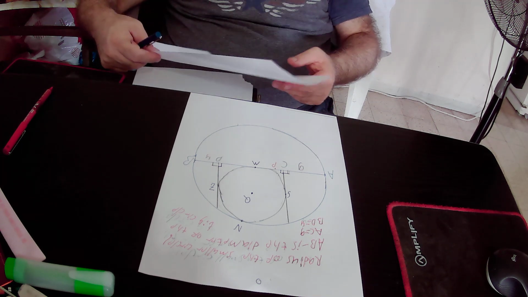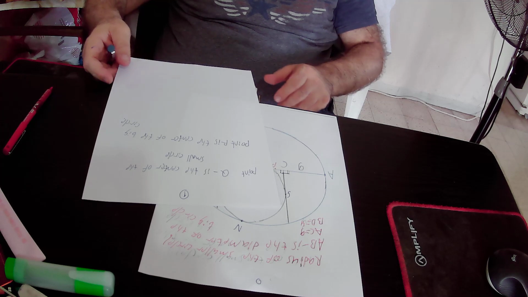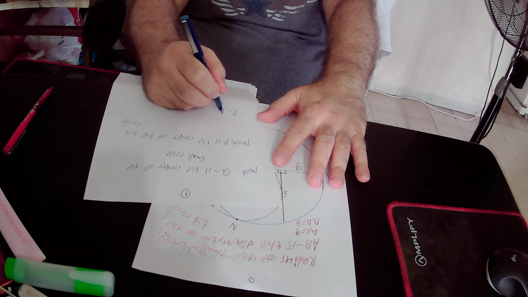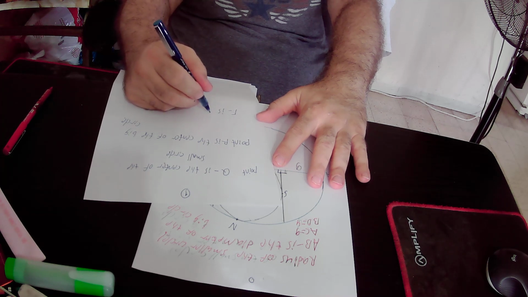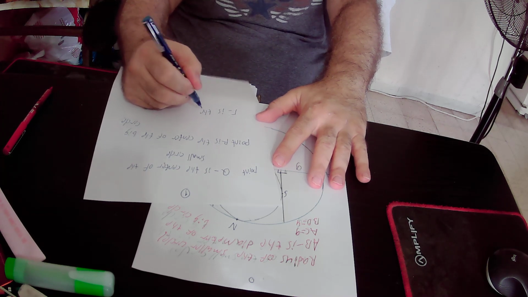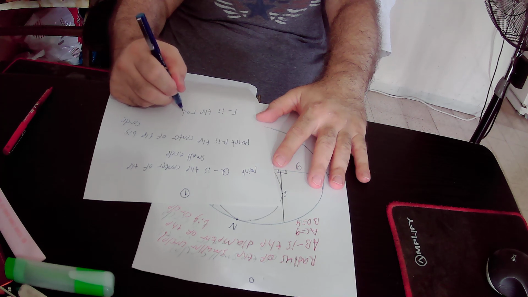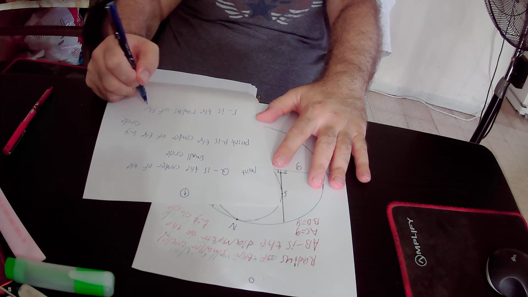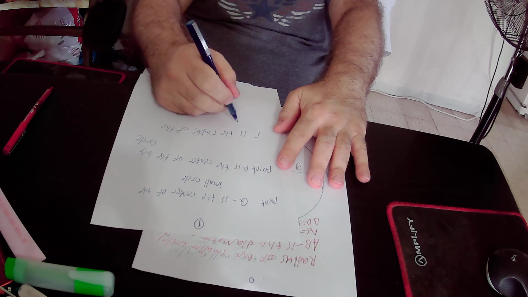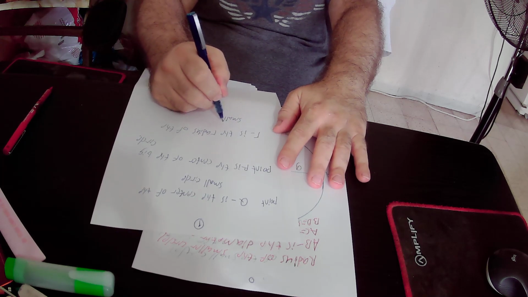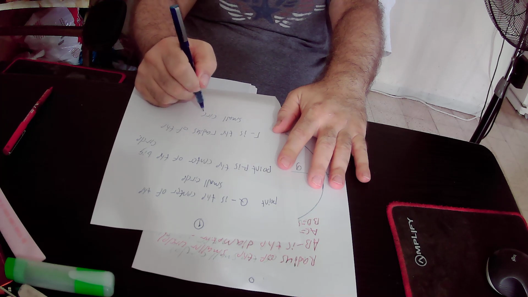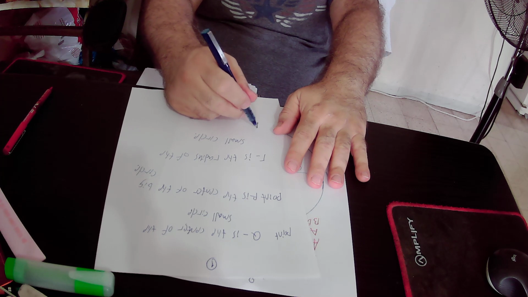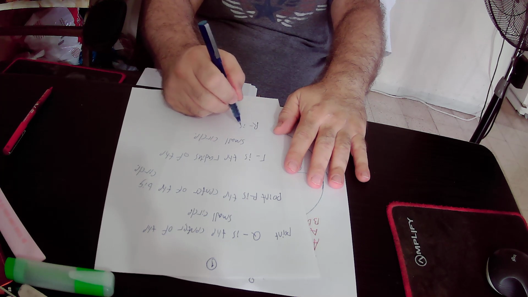And we will also define small r. Small r is the radius of the small circle. And capital R is the radius of the big circle.